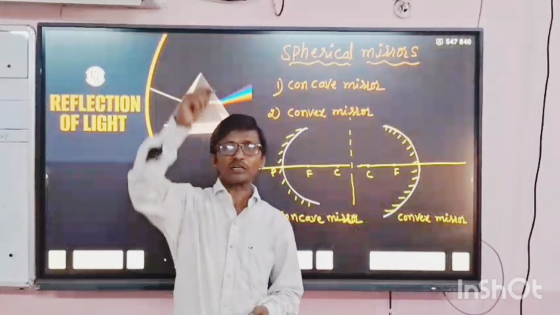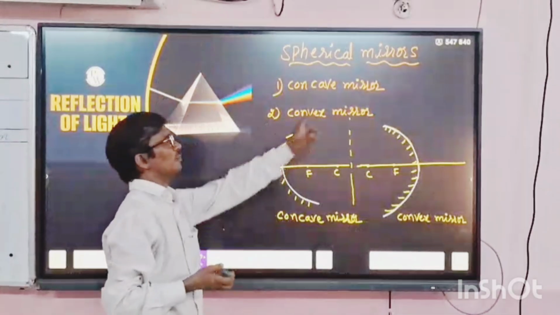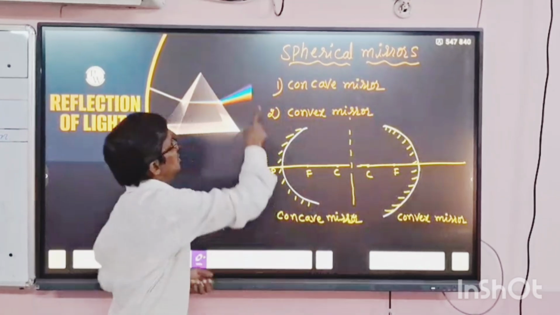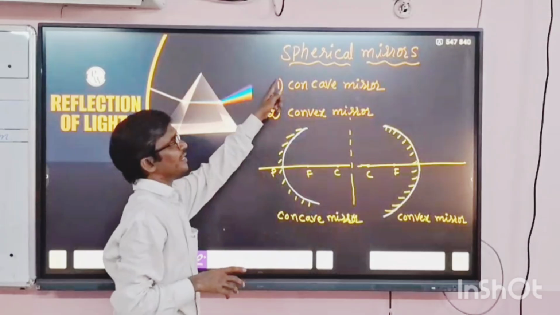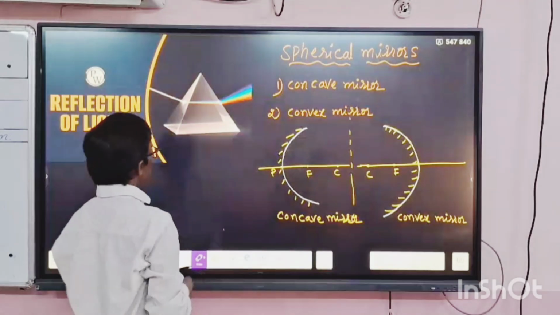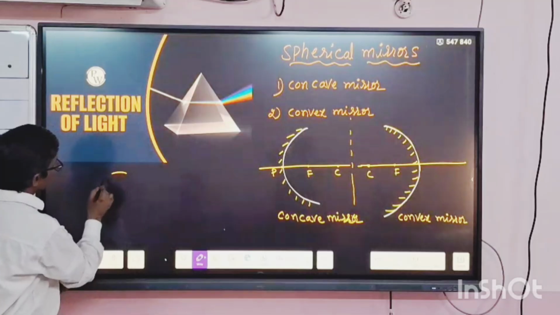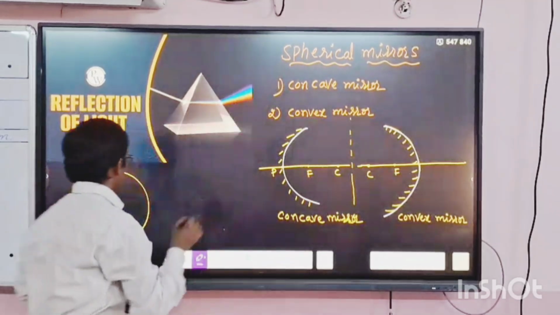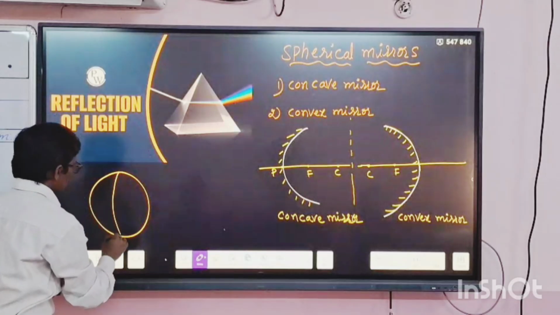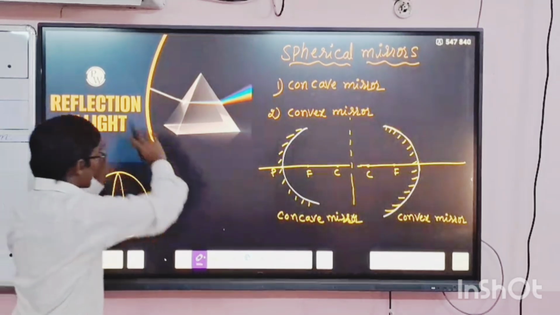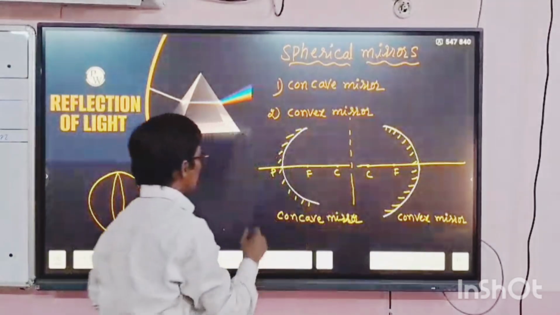Before, we discussed reflection in plane mirrors. Now spherical mirrors. Spherical mirrors are spherical in shape. Suppose this is a spherical mirror. When we cut it, we get two parts. One is concave.